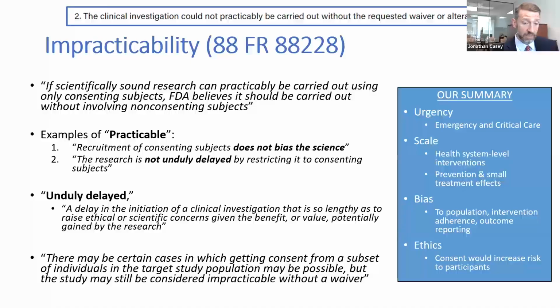And I'll highlight that there have been ongoing controversies around impracticability, and I think the FDA really addressed a lot of those in this guidance and provided pretty clear guidance.